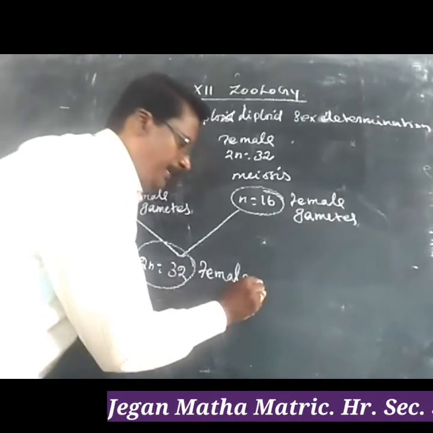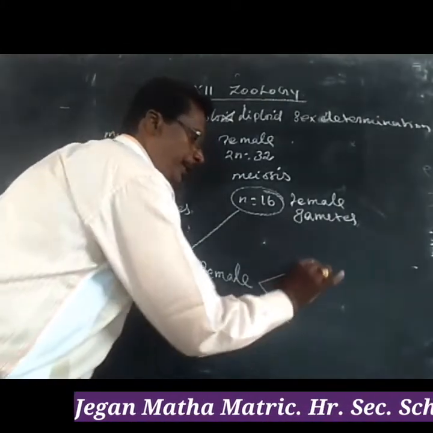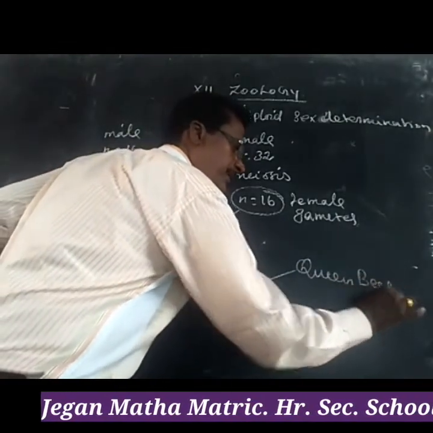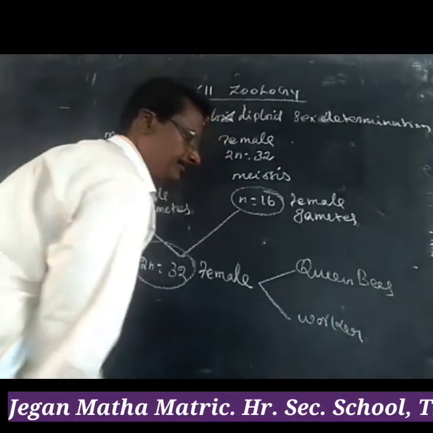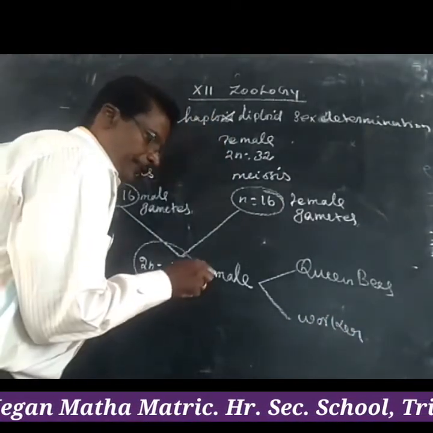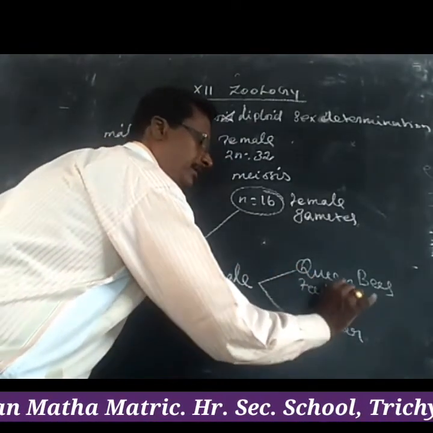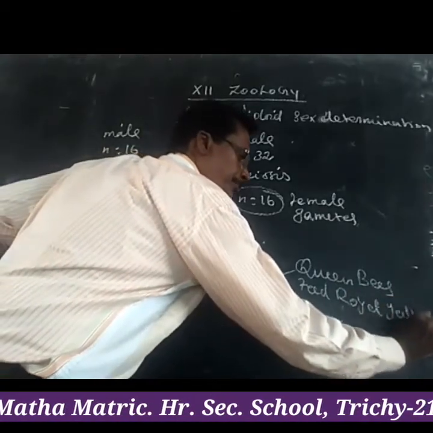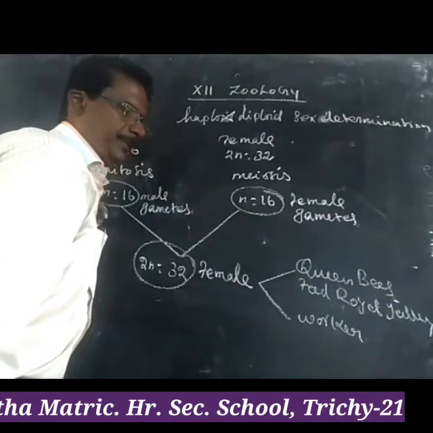There are two types of female: one is called the queen bee, another is called the worker. The female that is fed royal jelly becomes the queen bee.